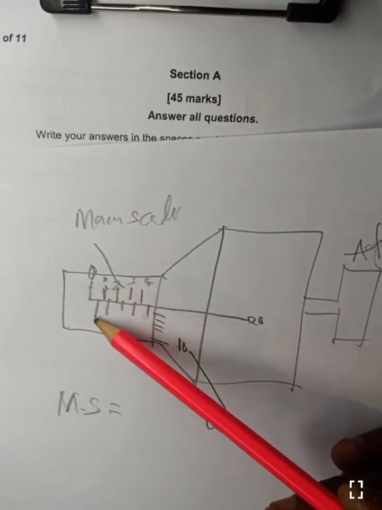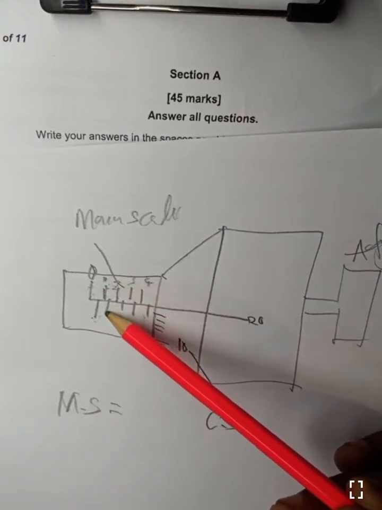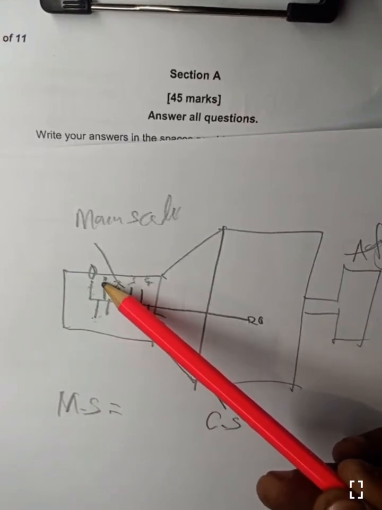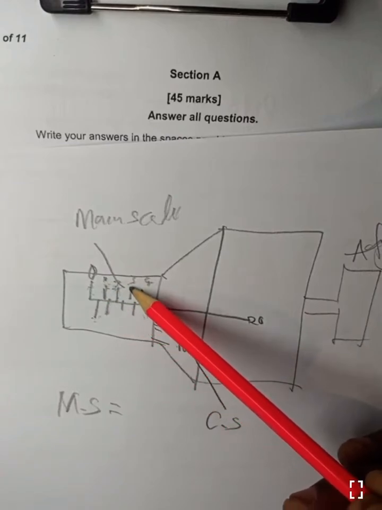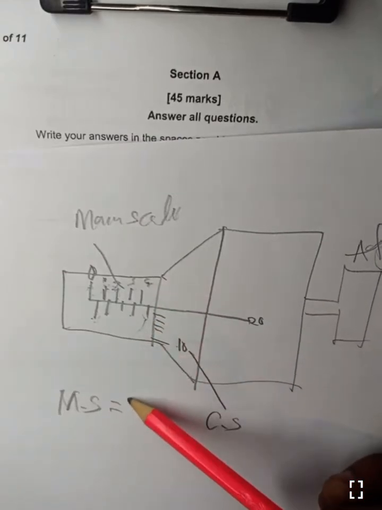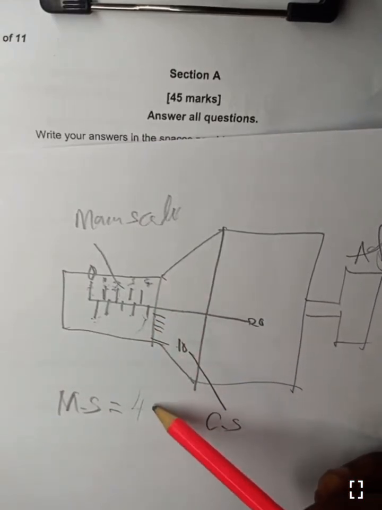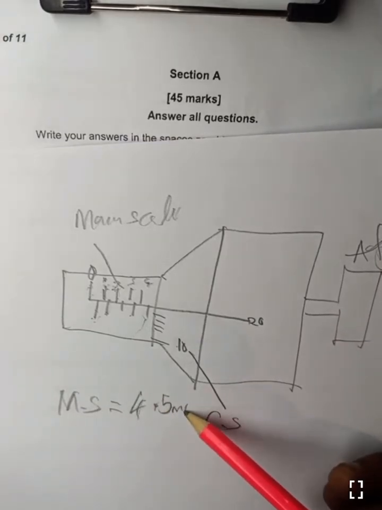So 0, 0.5, 1. Between 1 and 2, what's between? 1.5. So 1, 1.5, 2, 2.5, 3, 3.5, 4, and 4.5. So the reading here is 4.5 millimeters, all right.